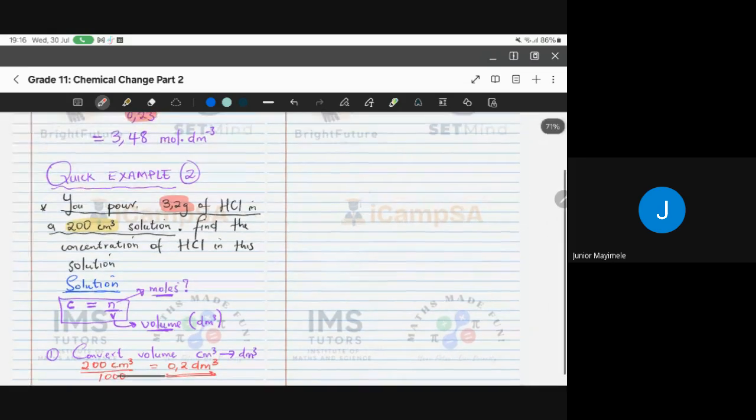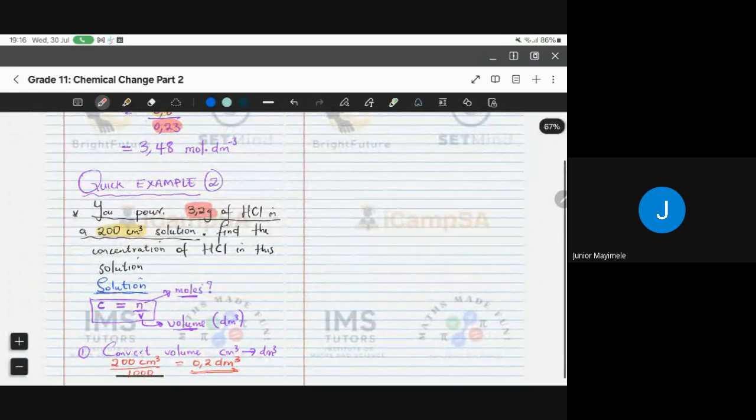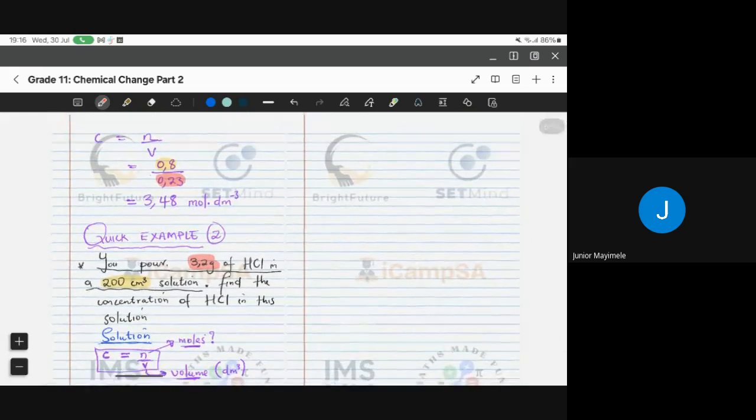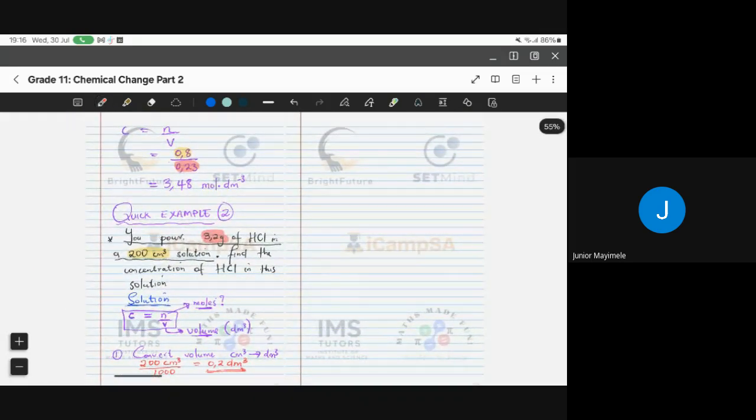Now we have our volume. However, we don't have the number of moles. And we know from our previous lesson the formula for the number of moles.